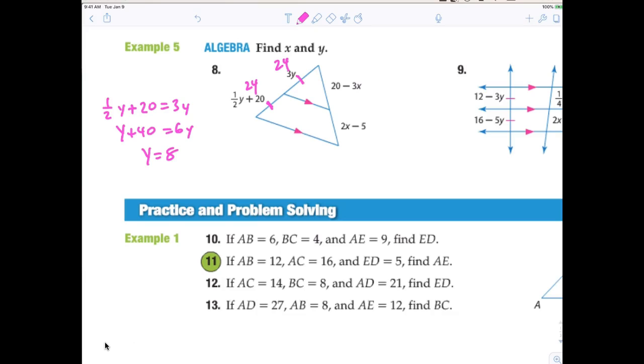Now, same principle down here. Then we can just say 20 minus 3x is equal to 2x minus 5. So do the mental math there and tell me x equals what? x equals 5. Come on, I'm expecting you to be able to do that. Everybody agree? Your math teacher will be mad at you next year, but you have to worry about that later. All right, x equals 5.